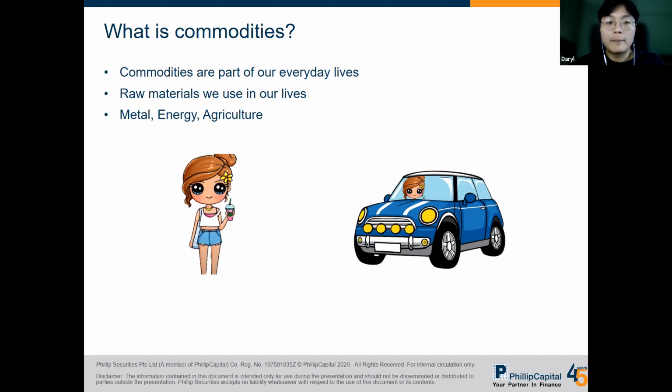So in short, commodities are categorized in 3 different sectors: metal, energy, and agriculture. Metal are like our gold and silver. Energy are like our oil and gases. Agriculture are like crops and livestock that have been raised and harvested to provide food.